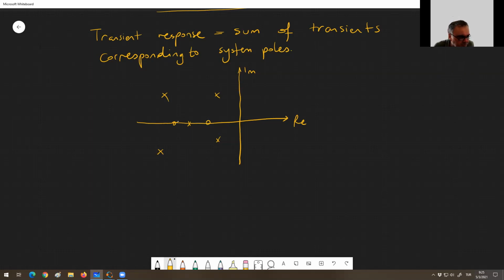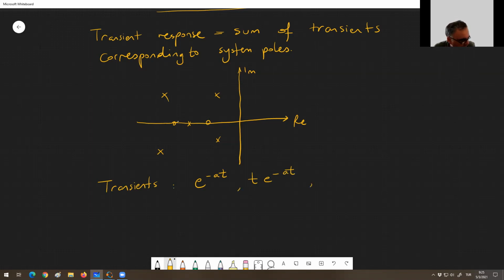But all the responses are going to be of the form. The transients will contain terms like e to the minus at, t times e to the minus at, if you have multiple poles.